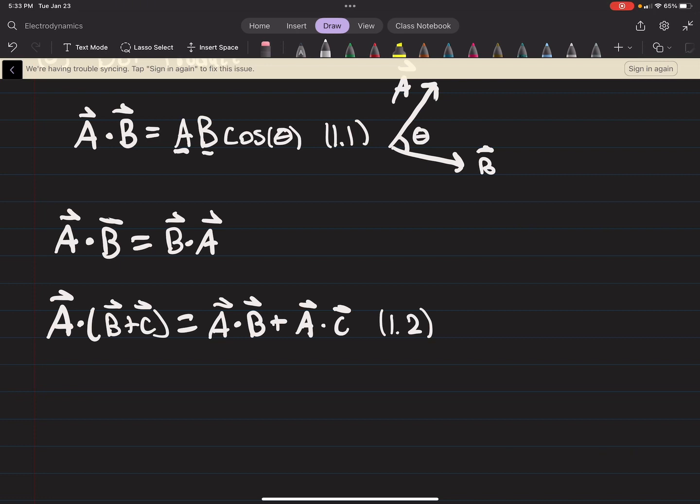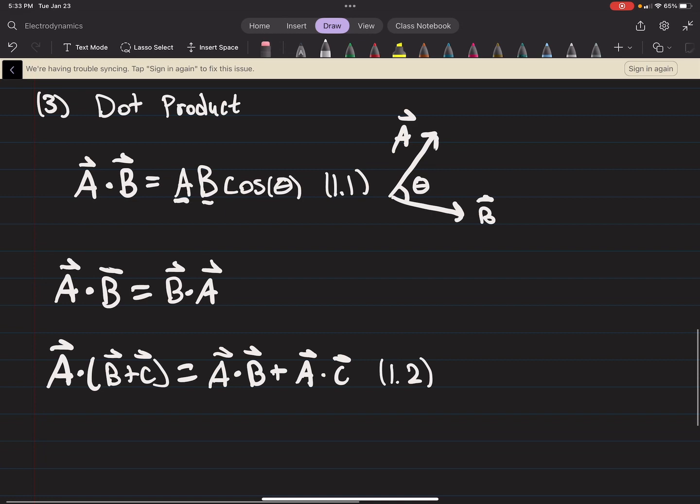A few things to note about the dot product definition here: know what happens when theta equals 0 degrees and theta equals pi over 2. If theta is 0, cosine is 1, so the dot product is just the multiplication of the two magnitudes.